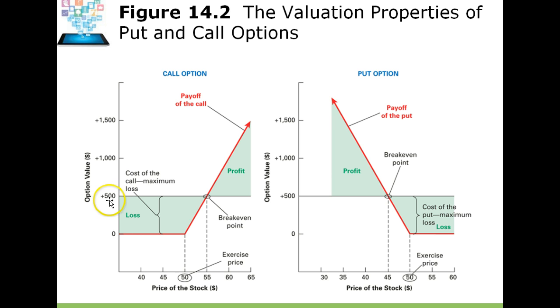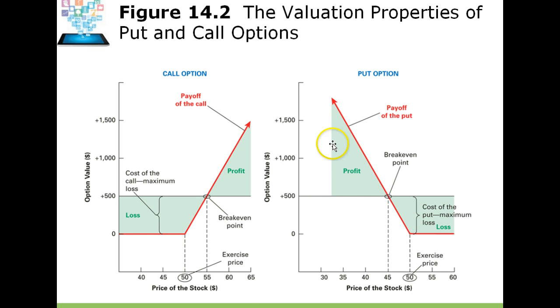So if you paid a $500 premium, once the stock goes up, say $5, now you've reached the break-even point. You can buy the stock at 50 and sell it at 55, and since one contract is 100 shares, that profit will pay for the $500 premium, and you'll finally be at break-even. So every dollar it goes above 55 is in the profit zone. And the higher the stock price goes, the more profit you make.